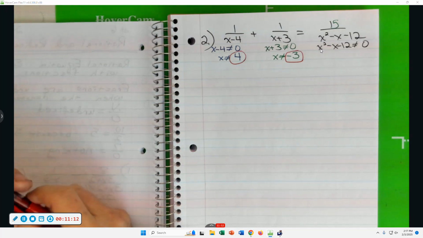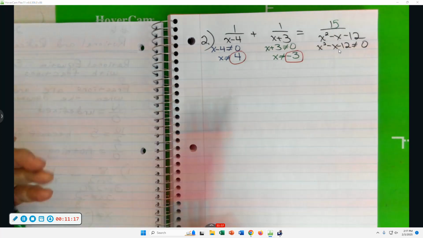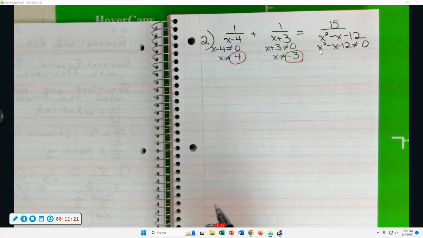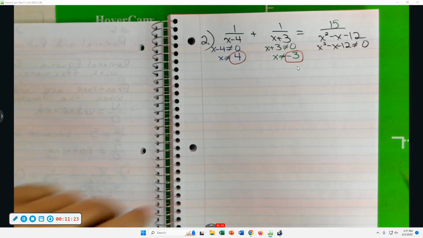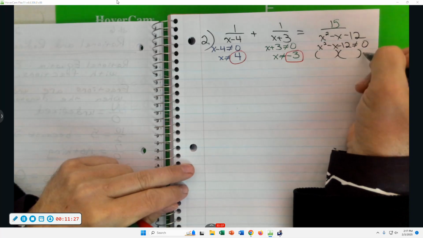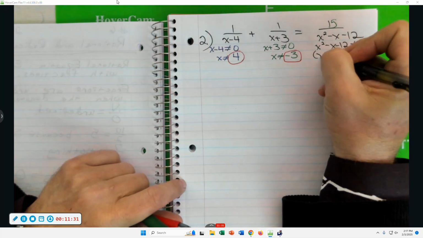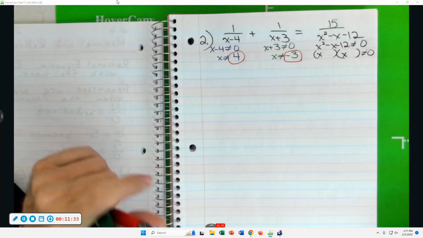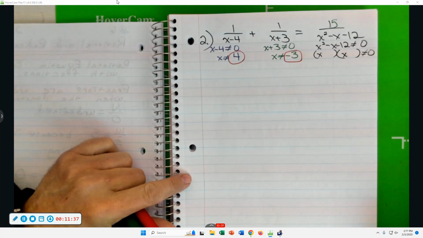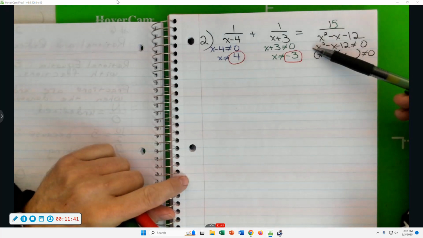Not so obvious, but it's a trinomial. And at no time do they mention that we need to use the quadratic formula in the problem. So that makes me think it's factorable. It's going to factor very nicely. x squared is an x times x. 12 is a 1 times 12, a 2 times 6, or a 3 times 4. It's a simple trinomial.